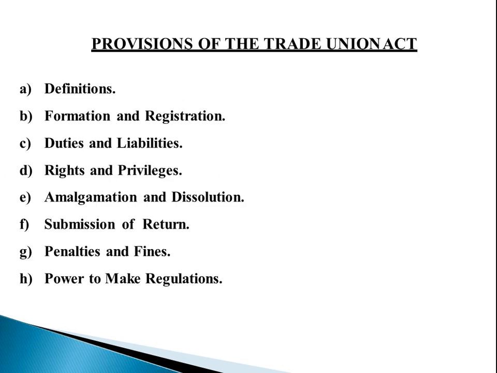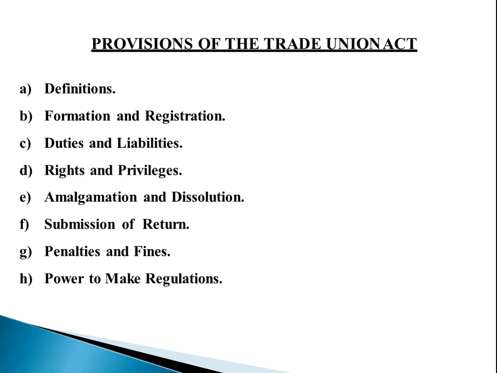Now, the provisions, that is, what are the sections covered under trade union, are given in the list from A to H. As we know, in any act we come across definitions in the first part, and then the next section covers how a trade union can be formed and what the procedure for registration is.